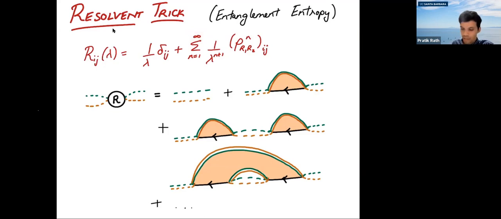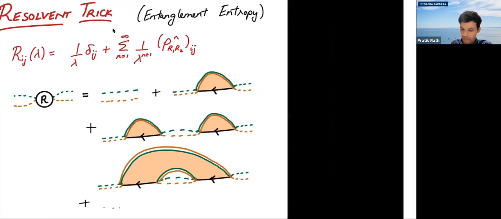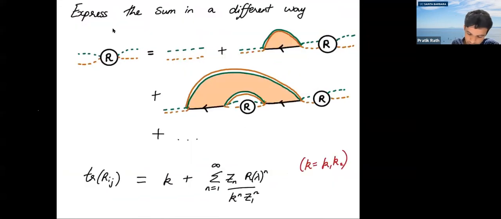So instead, you choose a different way to resum these contributions. The contributions can be resummed in this way, where we just focus on what the first connected component does. So in the delta ij term, we leave it as it is.